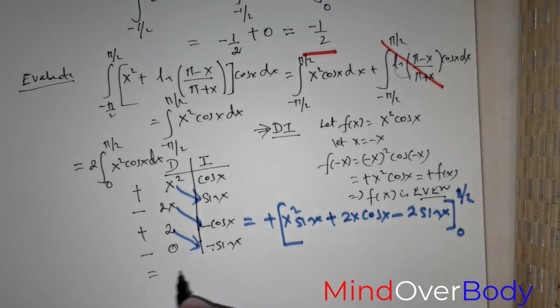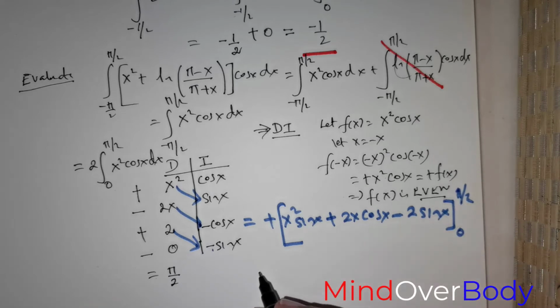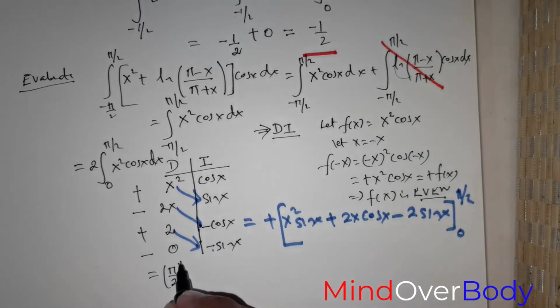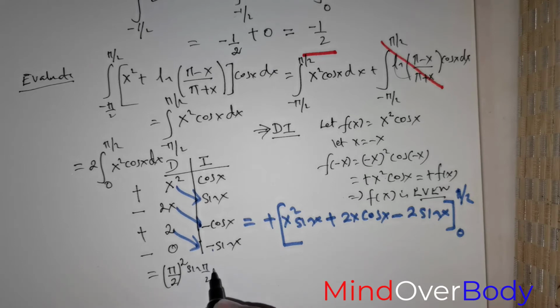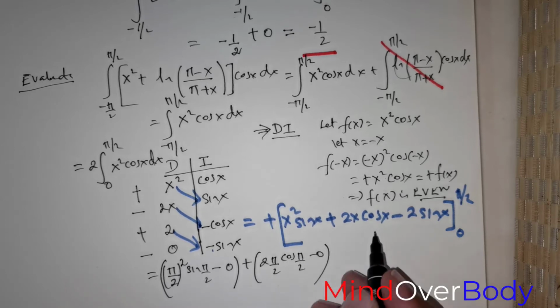Applying the limits, I get pi over 2, the upper limit. And since there is a 2 here, this is going to be pi over 2 raised to the power of 2 times sine pi over 2, minus the lower limit 0, followed by negative 2 times pi over 2 times cos of pi over 2, that's going to be 0, so that's gone.